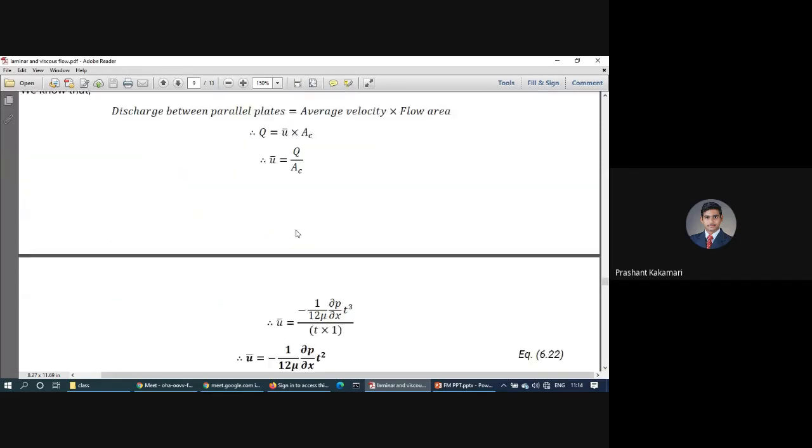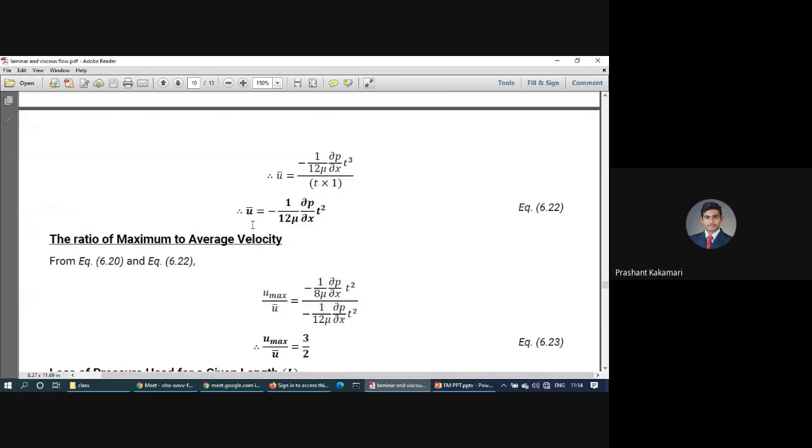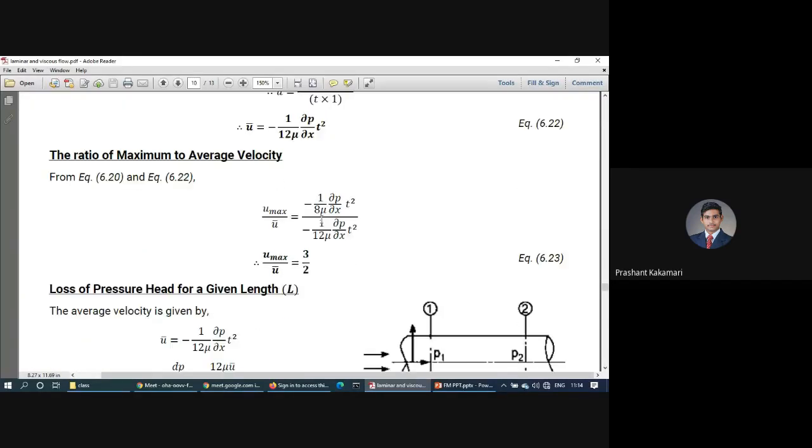Now we can see the average velocity, that is minus 1 by 12 mu dou P by dou X T square. Now the ratio of maximum velocity to the average velocity in this flow between the parallel plates is not equal to 2 here. It is 3 by 2. So the U max to U bar, average velocity ratio, in this flow between parallel plates is 3 by 2.